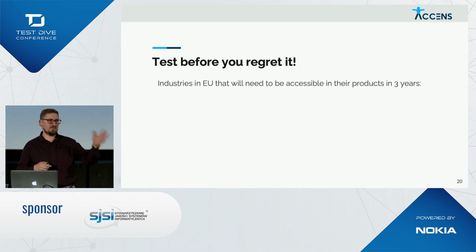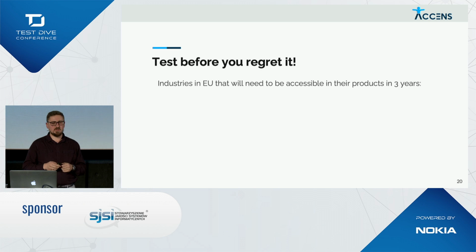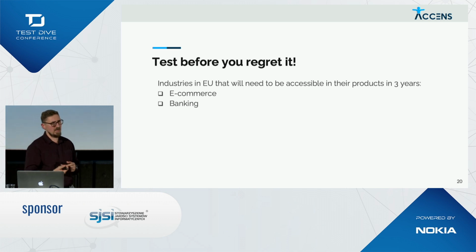This is from the EU, but every government in the EU has to follow it, and currently in Poland we are creating the law to support that. So every e-commerce in 3 years has to be accessible. If you are creating e-commerce, start to think about it. If you are creating banking software, you have to be accessible in 3 years.